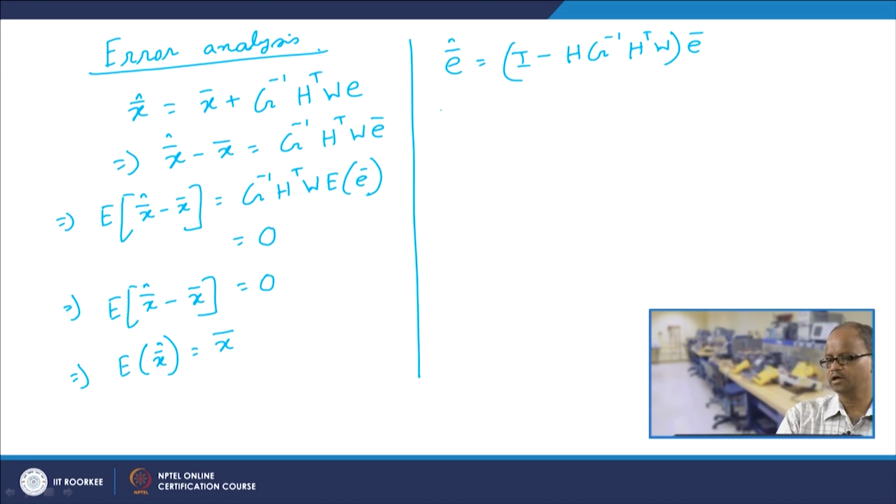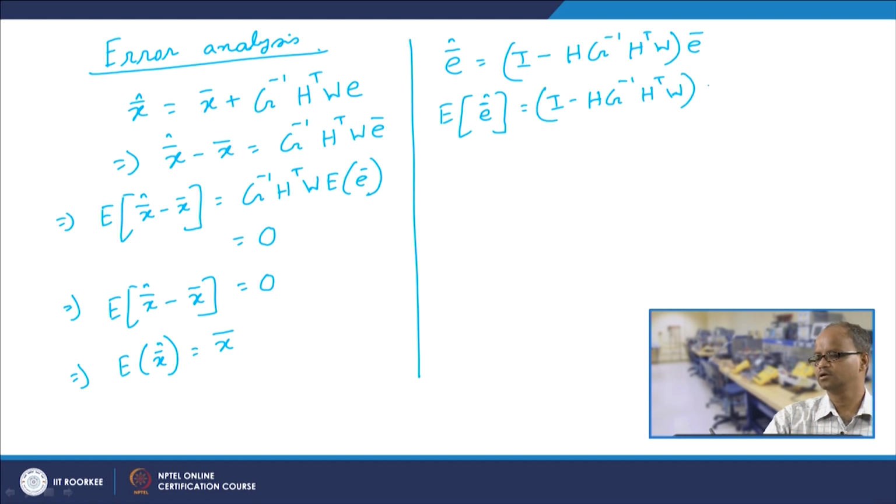And we have said that the expected value of the estimated errors would be I minus H G inverse H transpose W into the expected error, right. So that would be 0. In other words, we have taken that to be equal to 0.